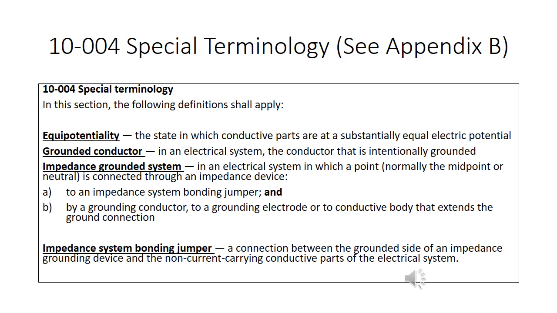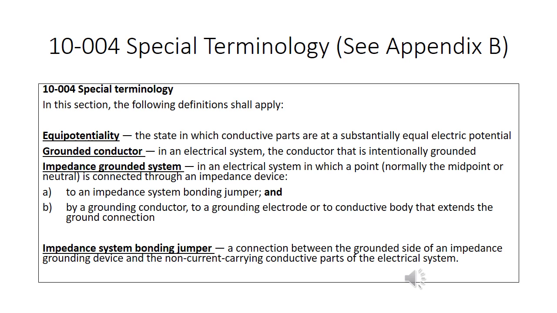Impedance grounded system: an electrical system in which a point, normally the midpoint or neutral, is connected through an impedance device, A, to an impedance system bonding jumper, and B, by a grounding conductor to a grounding electrode or to a conductive body that extends the ground connection.